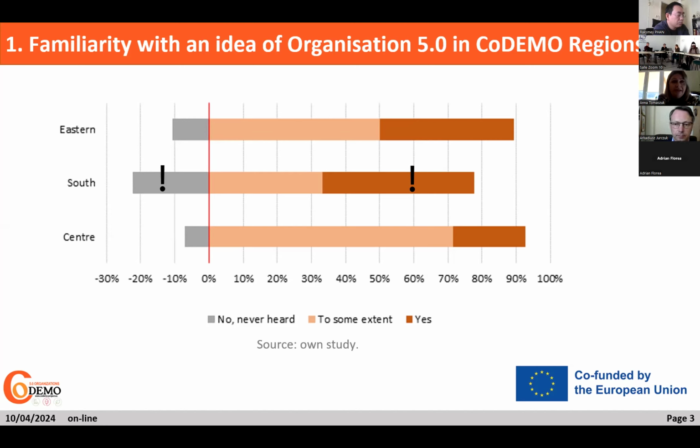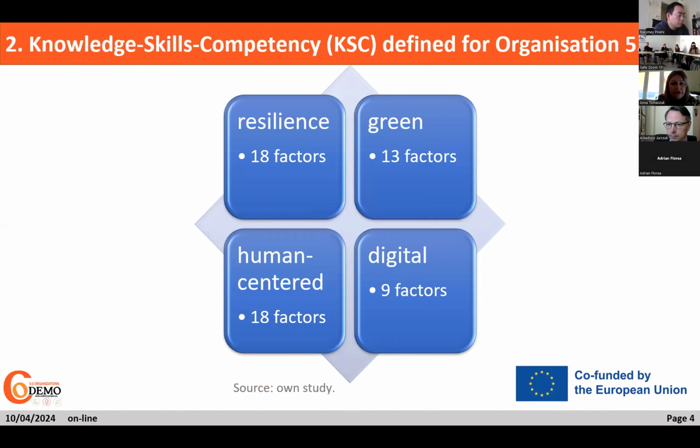And only to remind you, because Arek was also talking about it, 4 dimensions of transformation have been identified. There is resilience, green, human-centered, and digital, which is taken from Industry 4.0, and in every dimension, based on the critical analysis of the literature, from 9 to 18 factors were identified, and now I will focus on those factors through the prism of every domain.